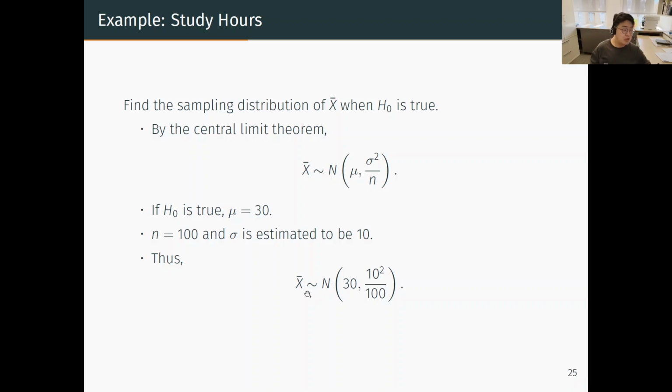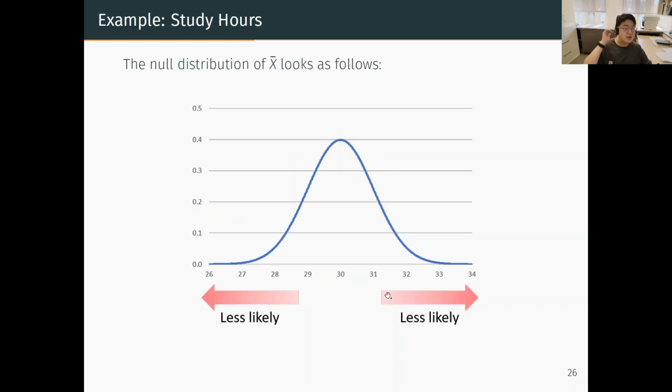But again, the point here is the mean depends on your belief, right? At this moment, we pretend as if my belief is true. Okay, so if my belief was true, your survey result must be distributed like this, even though it cannot be exactly 30 hours, but your sample average from the survey would be close to 30 and with this much standard deviation.